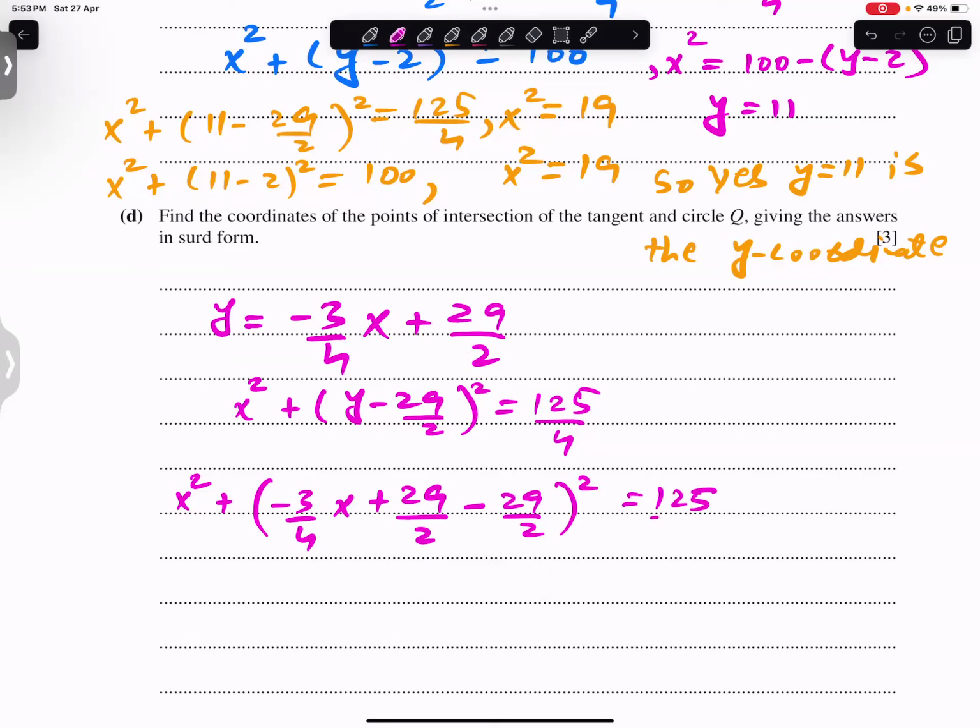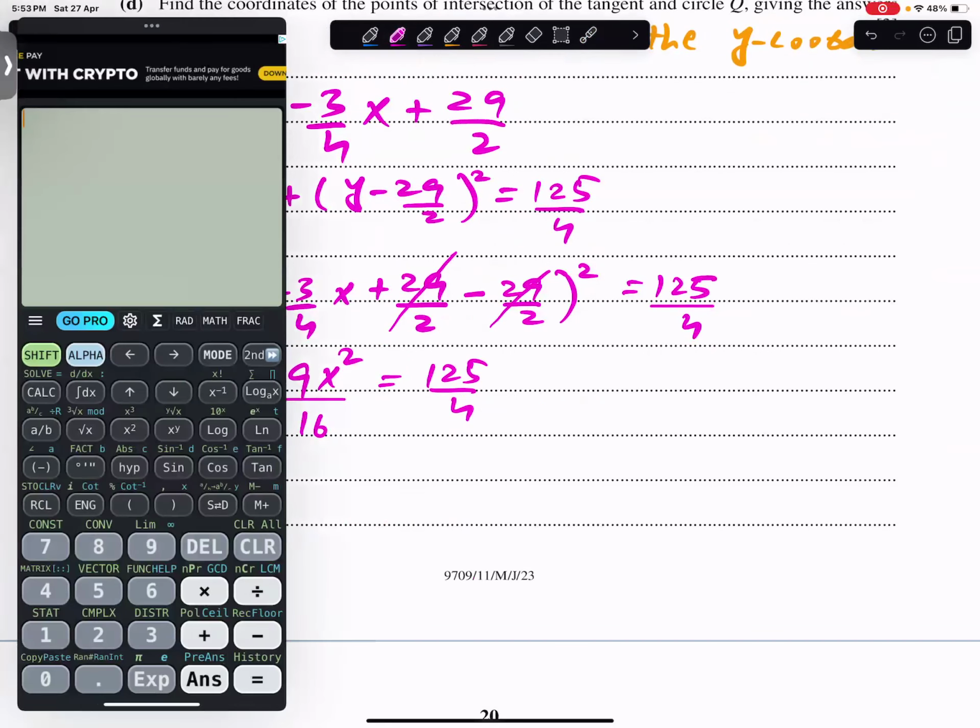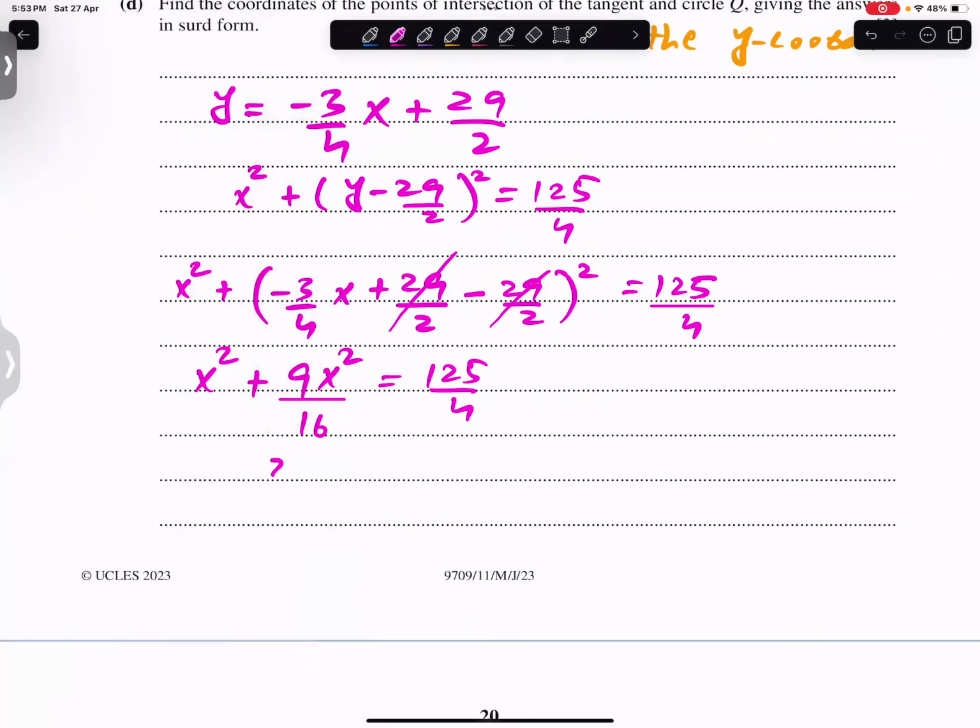So look, I am going to solve this simultaneously by putting this value of y here. This will cancel out. So x² + 9x²/16 = 125/4. So 16 plus 9 will be 25.